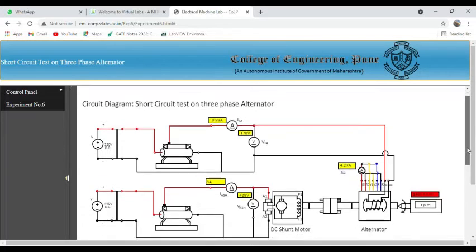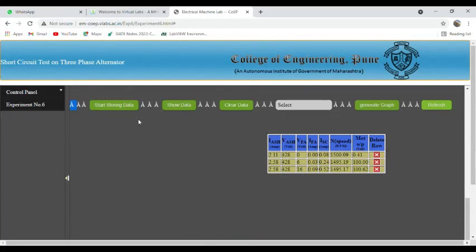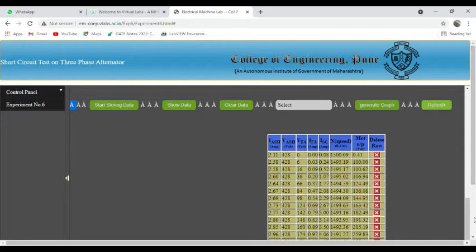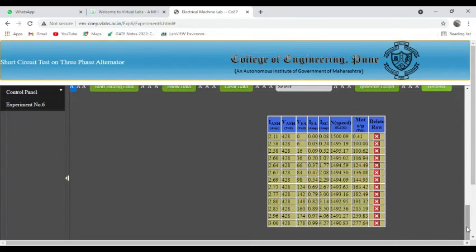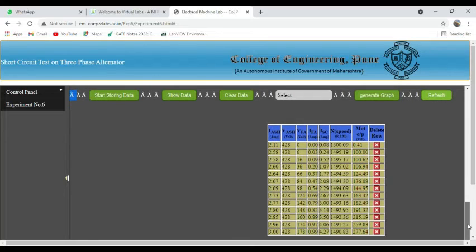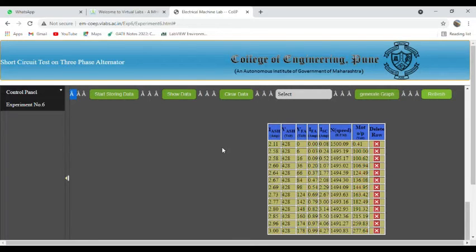I continuously store the data. Here we can see the table.